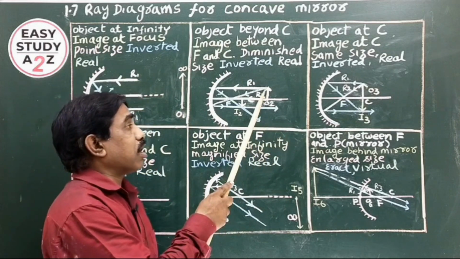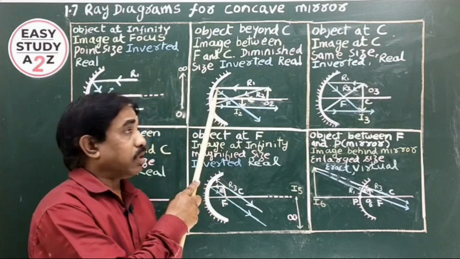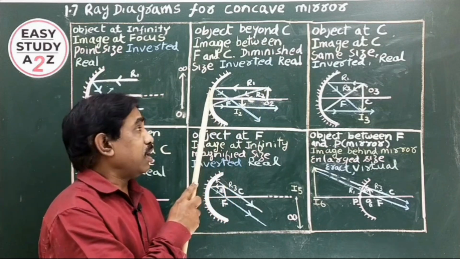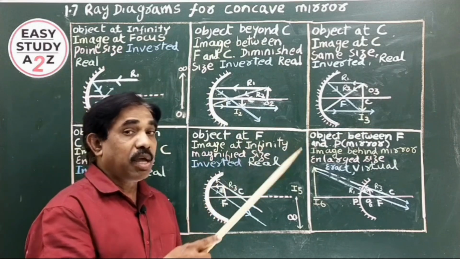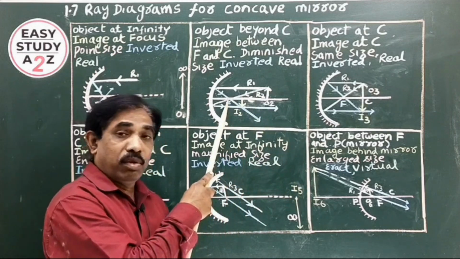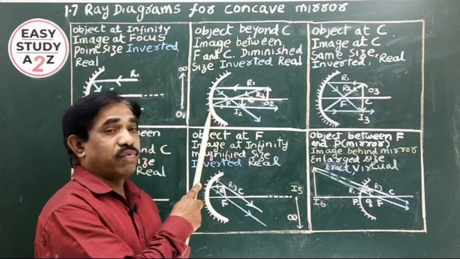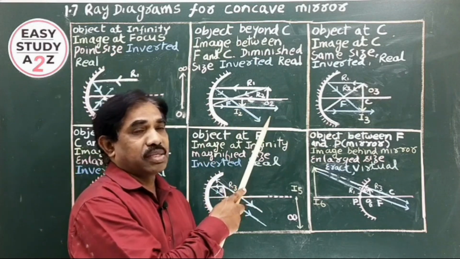R1, after reaching the concave mirror, is reflected through the focus. The second type of ray, R2, passes through the focus, and after reflection it travels parallel to the principal axis.